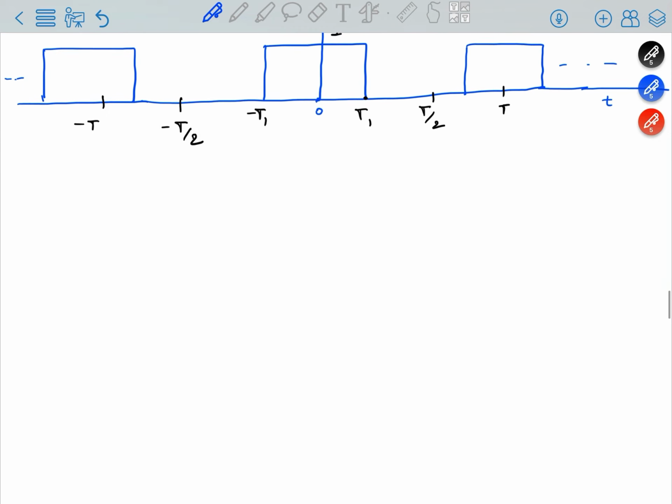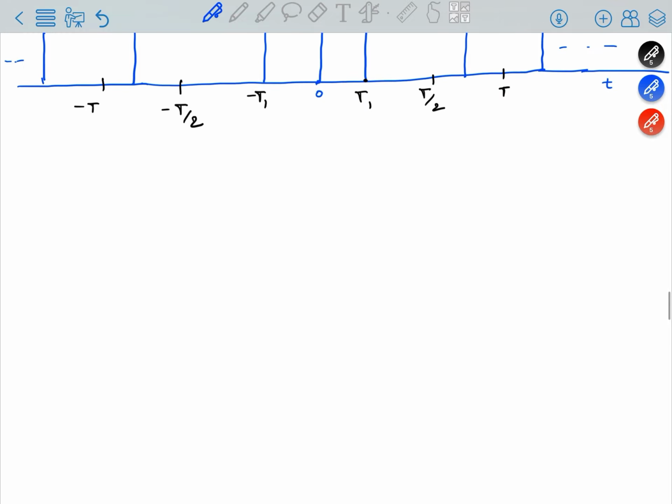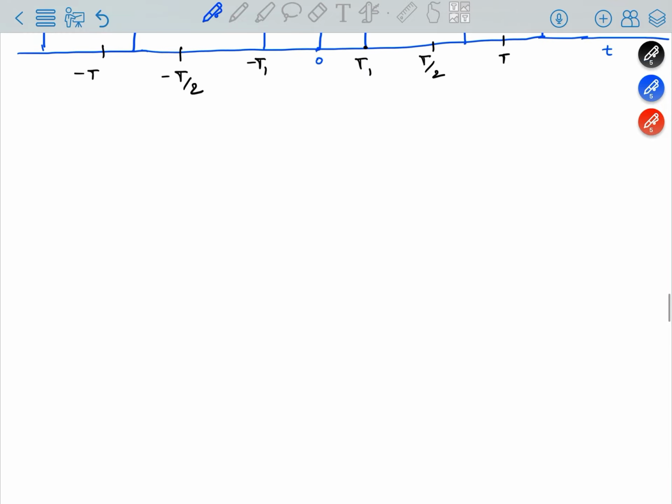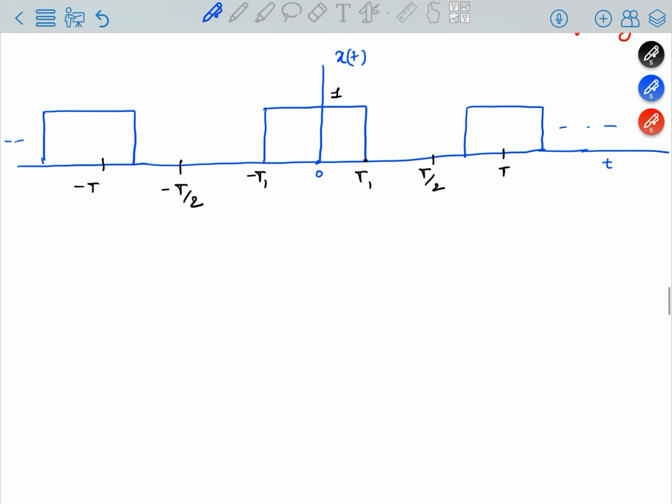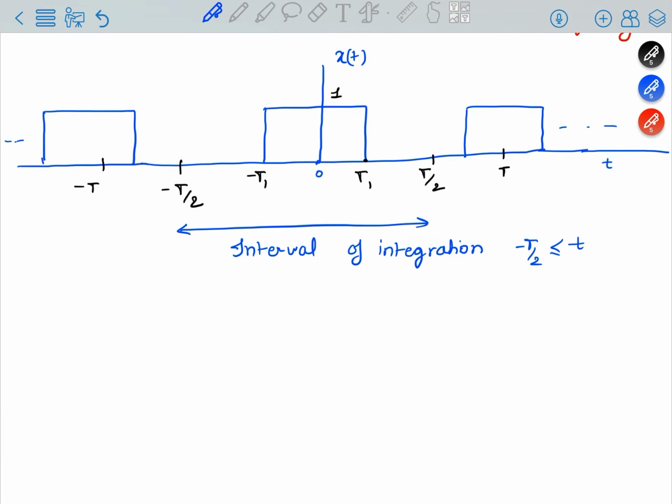So to get a Fourier series we first have to choose an interval of integration. Because of symmetry we will choose an interval of minus T by 2 to T by 2, so t will vary from minus T by 2 to T by 2.